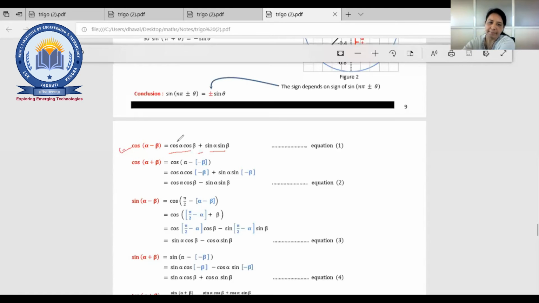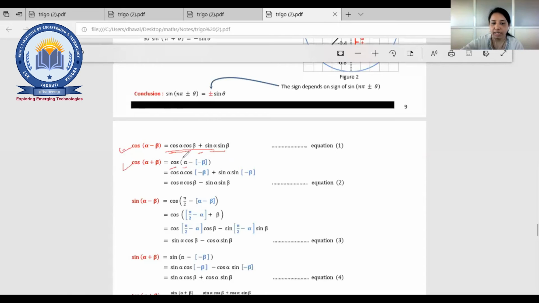Okay, now another one, cos alpha plus beta. If you do not know the direct answer, or if you want to cross check it, we can write cos alpha minus, because we know the equation of minus one, right? So minus in bracket minus beta.